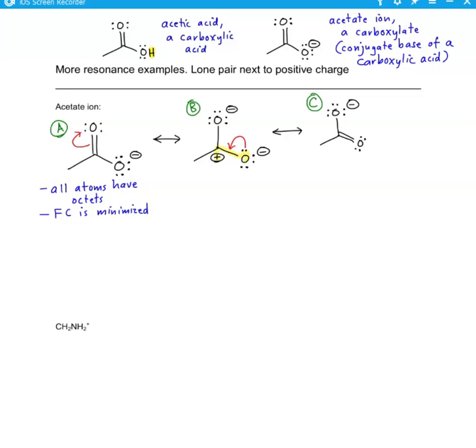In structure B, we have some problems. First of all, the carbon lacks an octet. Formal charge is not minimized. And we've got separation of charge.